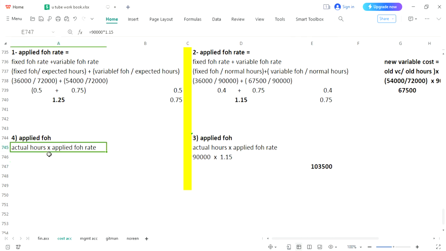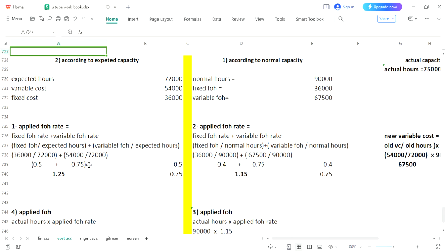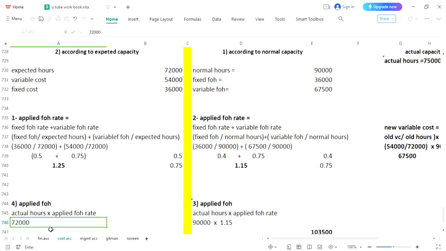Okay. Now we are going to calculate applied FH according to expected capacity. You can see over here your expected hours are 72,000. So you can put 72,000 over here, and it would be multiplied by the applied FH rate, which we have calculated as 1.25.